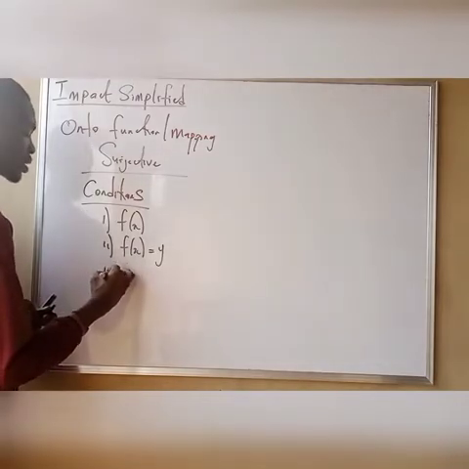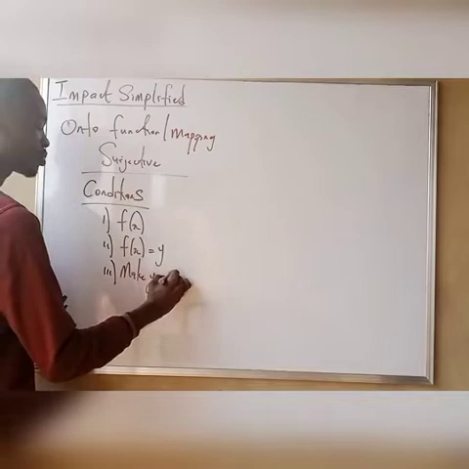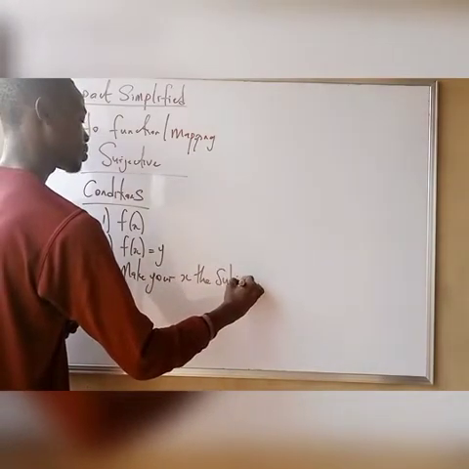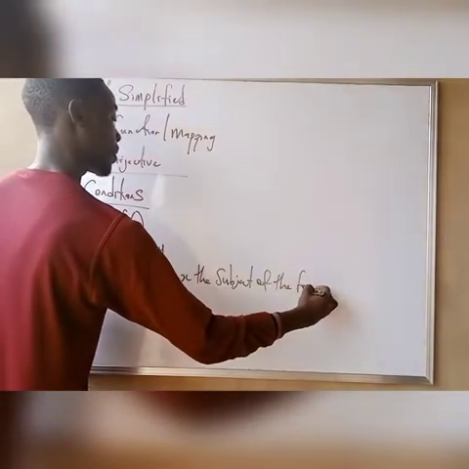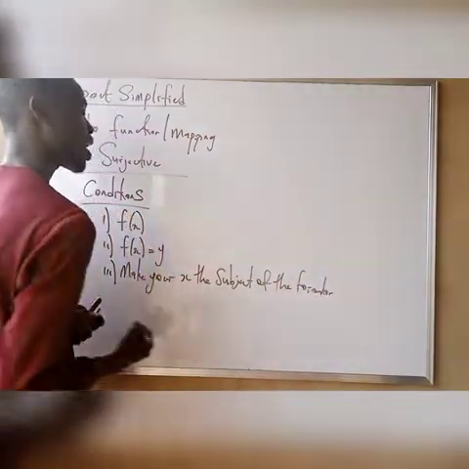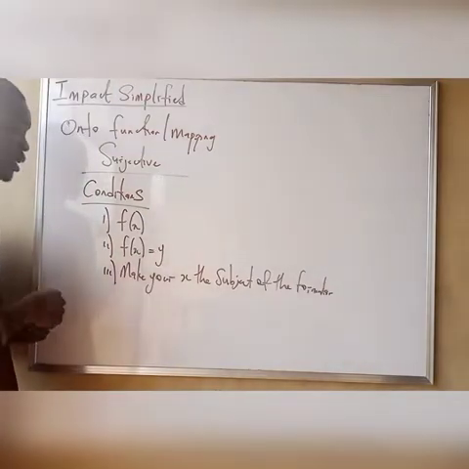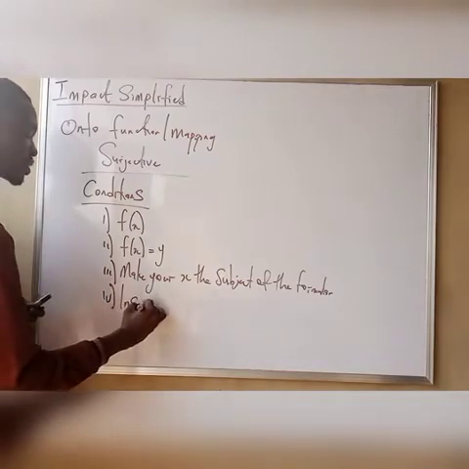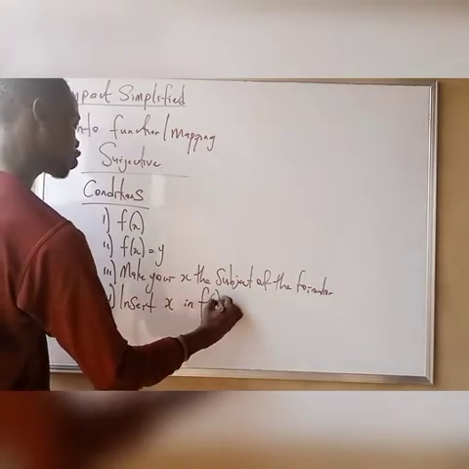Do we get that? They are going to give you f of x. You equate your f of x to y. And after that, you now make your x the subject of the formula. So after making your x the subject of the formula, what will you now do? The fourth one is this. You will now insert that value of x inside the function of x.